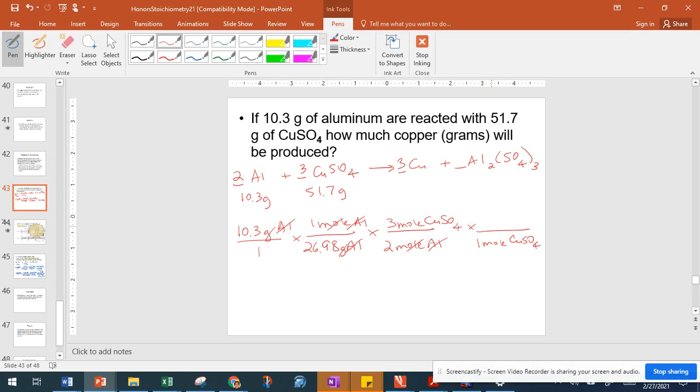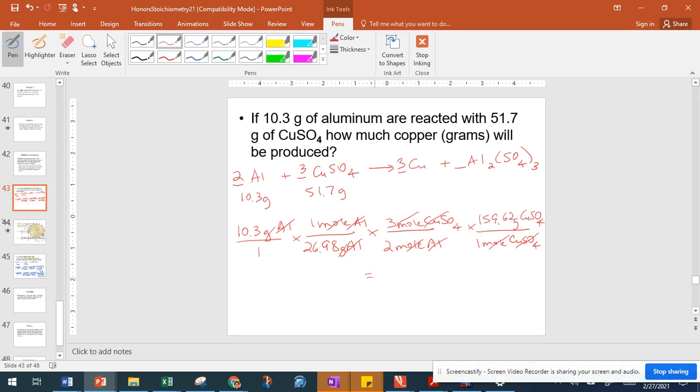And we'll use our periodic table to calculate the molar mass. So we have 63.55 plus 32.07 plus 4 times 16. So it gives us 159.62 grams of copper 2 sulfate. You notice here moles and copper 2 sulfate cancel out.